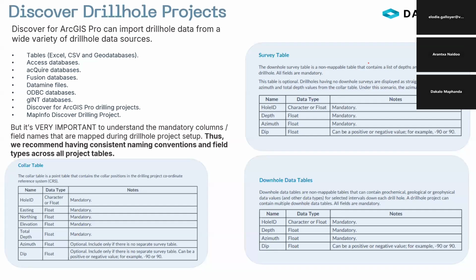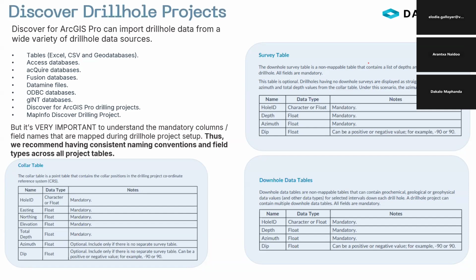A lot of these tables come out of the exploration drilling programs, and this is what you would need to create the actual project. You would need your collar table, your survey table, and any downhole data tables the project requires, being your assays, your lithologies, your structural data, etc.